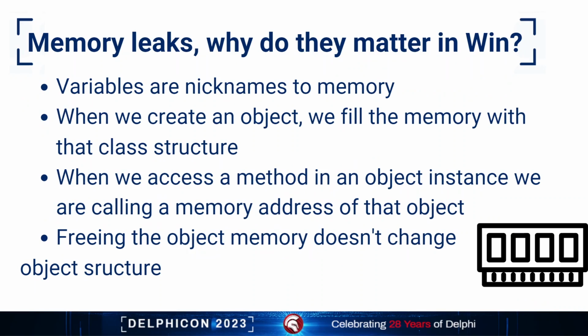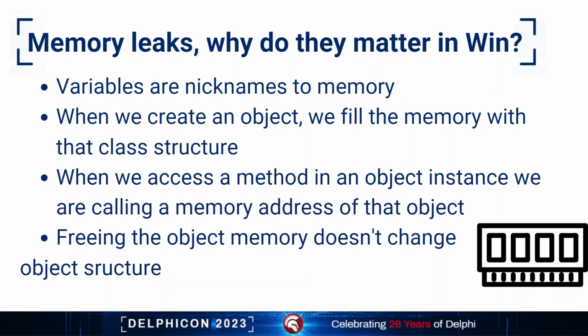We create an object, we fill that memory with a class structure, and when that structure is accessed by an object instance, a method call, or a property setting, anything that manipulates that object passes through that memory that we allocate when we instantiate that object, right?